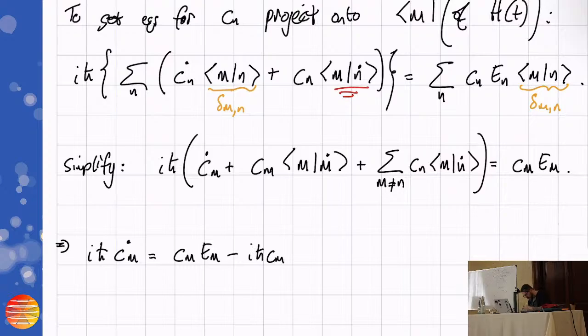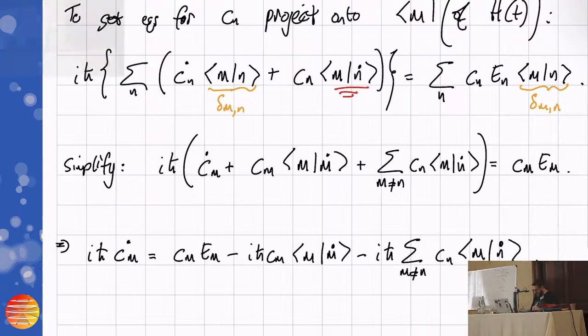c_m <m|m dot>, and then minus i h bar, and then the sum over n not equal to m of c_n <m|n dot>.